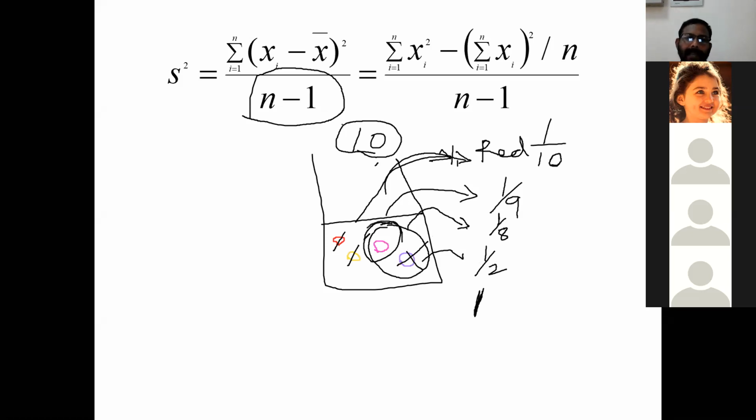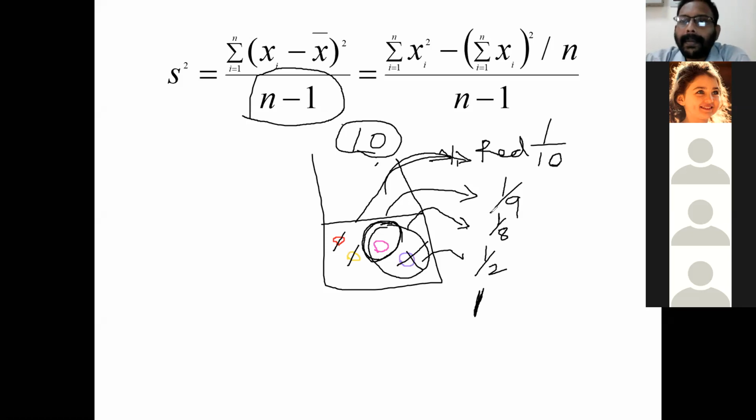You see, what about this last ball? Is it independent or dependent? Is there any other chance to select another ball, or must we select the same ball? Same. Is it independent or dependent?